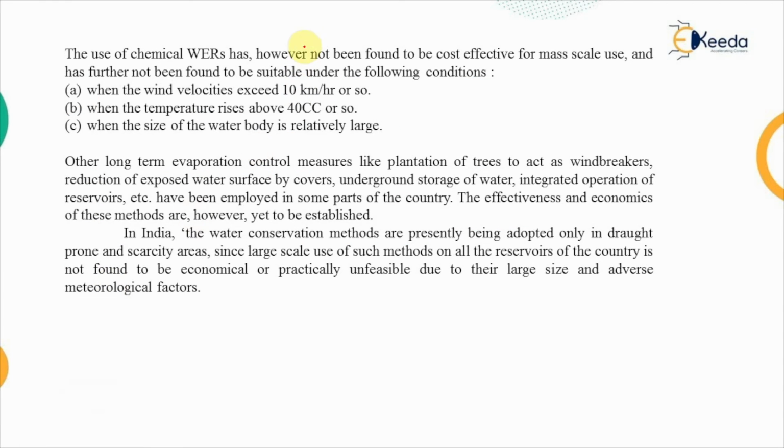Now, when we are using these chemicals, these are not found to be cost effective for the mass scale use, and also they are not found to be suitable when the following conditions are occurring. That means when the wind velocity is exceeding 10 km per hour, for such huge wind velocity, chemical treatment will not be a suitable measure.